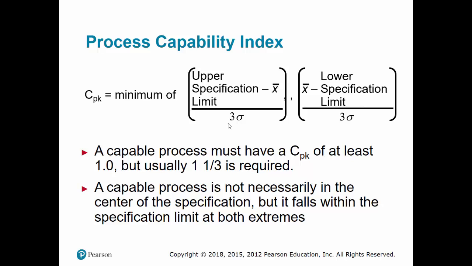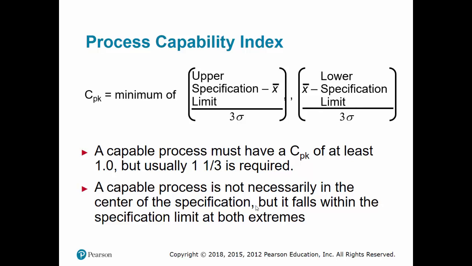On the other hand, if you require a C sub pk of 2, that would mean that 6 standard deviations will fit into the specification. Even if you go, instead of 3 sigma or 4 sigma, 6 sigma up and 6 sigma down, the sigma is so small that even that 6 sigma interval will fit into the specification limits.